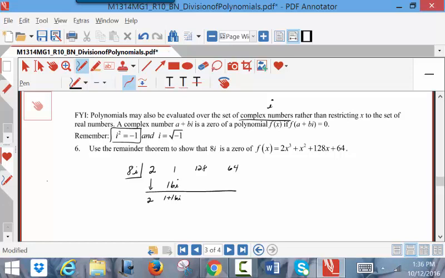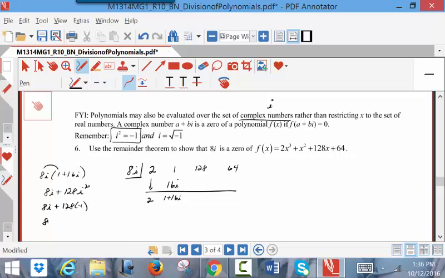Now we got to multiply. Okay, so if I take 8i times 1 plus 16i, 8i times 1 is 8i. But 8i times 16i, what is 8 times 16? 128i squared. Okay, but what did we say i squared equaled? A negative 1.